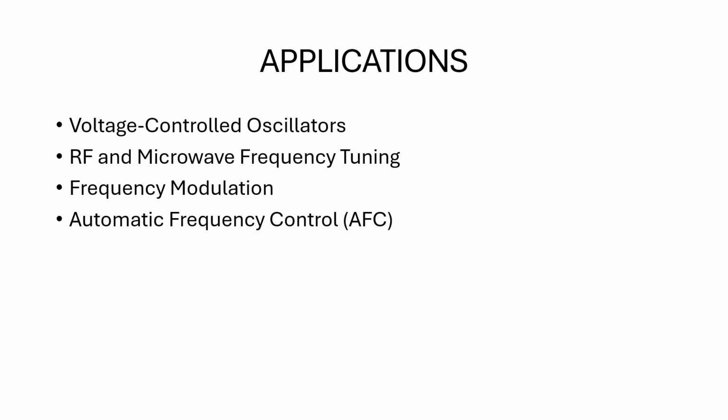When the capacitance value changes, the frequency changes. So to tune to the perfect frequency, we use this type of varactor diode. By changing the applied reverse voltage, the width changes, the capacitance value changes, and as a result the frequency changes. Also in frequency modulation and automatic frequency control.